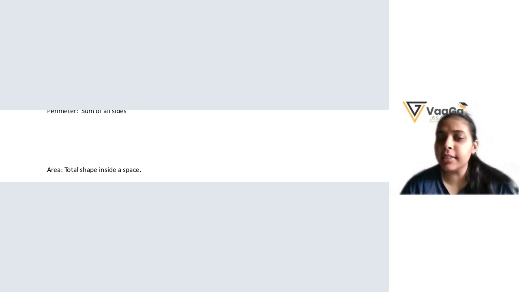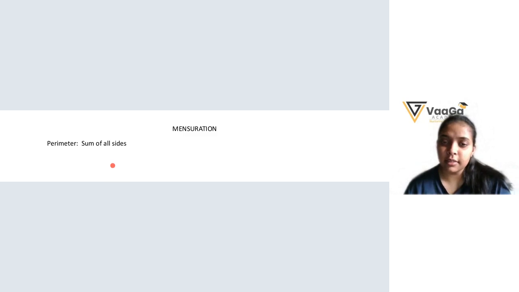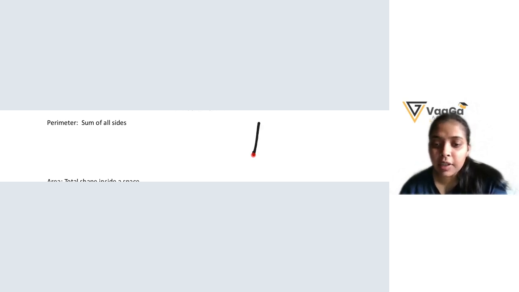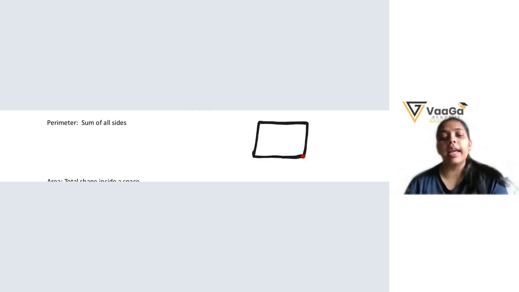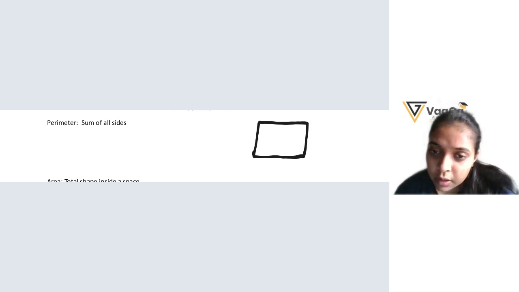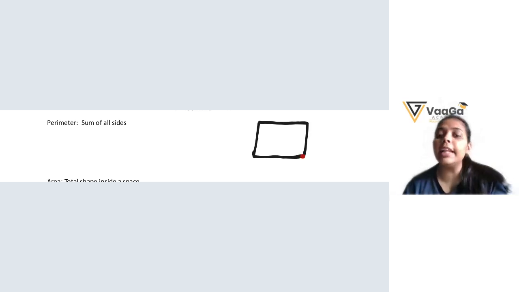And do you know what area is? No. Okay. Can you see the figure that I am drawing? Yes. If I need to calculate the perimeter of this figure, what do I need to do? Add the length of all the sides, right? Yes.